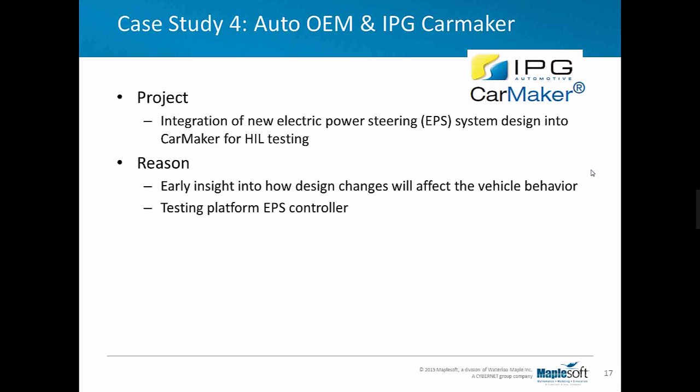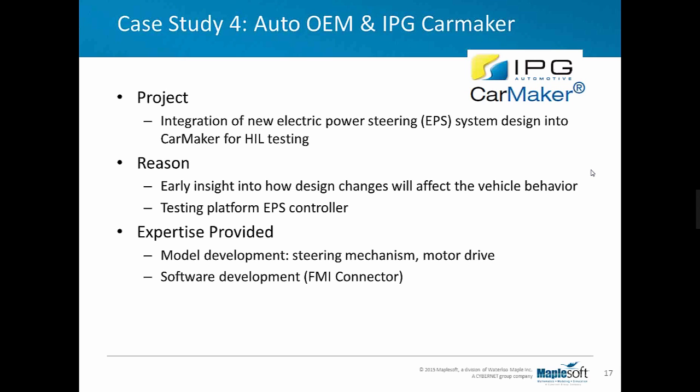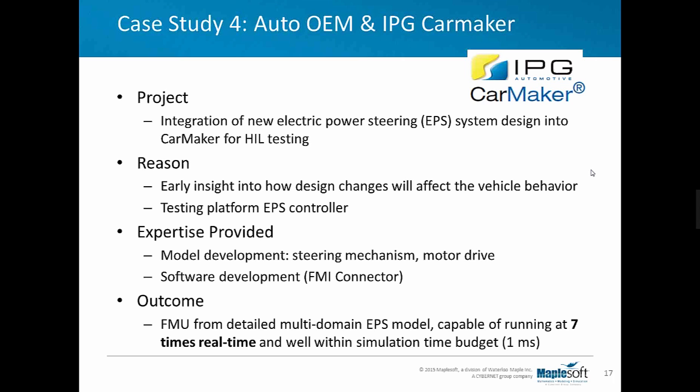The idea was to make it fast enough that the whole thing would hit the real-time target. The modeling was done within MapleSim, and the FMUs were generated from MapleSim, and the test showed it was able to run 7 times faster than real time, which was a significant improvement from their previous iteration using other software.